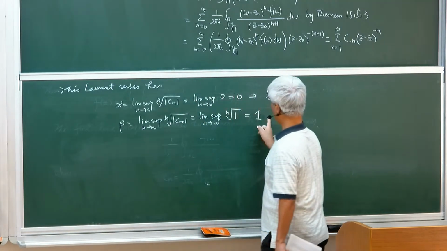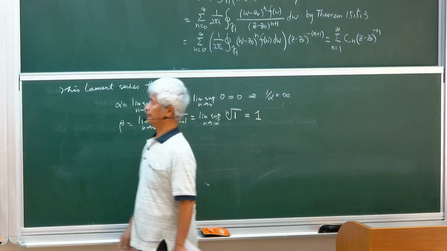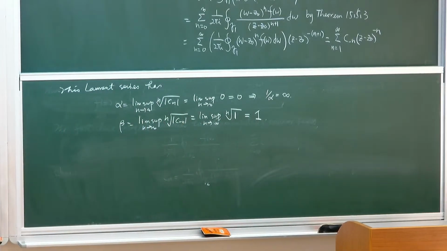Okay, so beta is equal to 1. So you can see this is actually the convergent open annulus of this Laurent series. Okay, so this Laurent series contains only negative power terms.